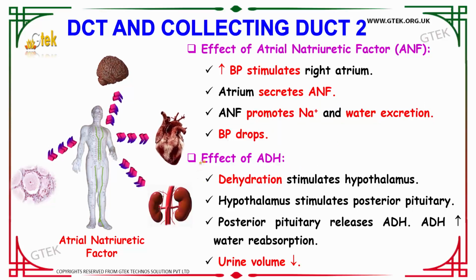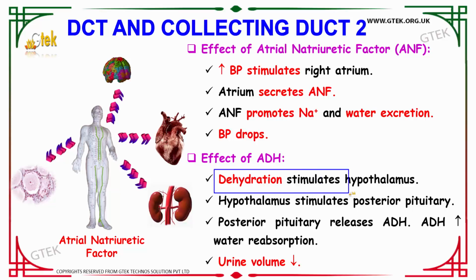Next we are going to study about the effect of ADH. Dehydration will stimulate your hypothalamus. Your hypothalamus stimulates the posterior pituitary, which is located behind your brain, and the posterior pituitary will release the ADH hormone.